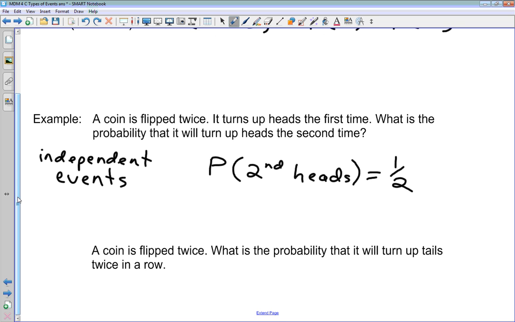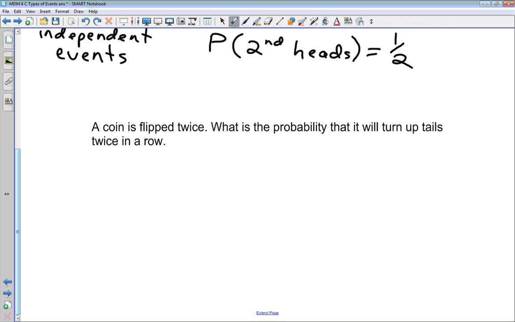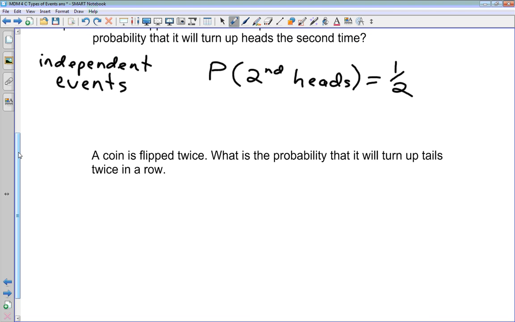If a coin is flipped twice, what is the probability that it will turn up tails twice in a row? So we're interested in these two coin flips. Once again, these two coin flips are independent events. What we get on the first flip doesn't change what we're going to get on the second flip. So let's calculate the probability of the compound event where we consider both of them.